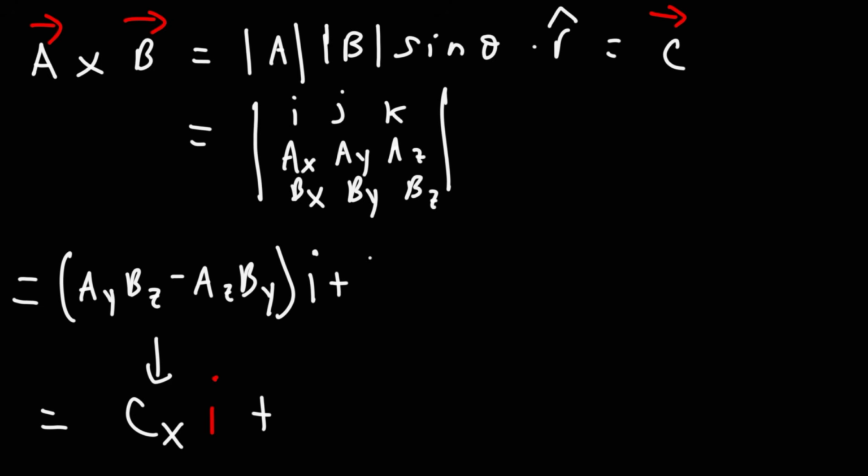Now there's more. Next we're going to multiply the Z component of A times the X component of B minus the X component of A times the Z component of B, times the unit vector j.